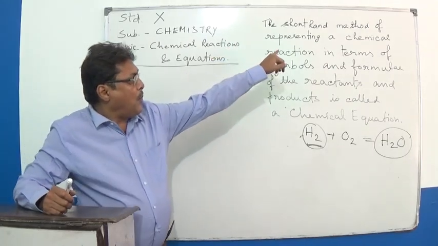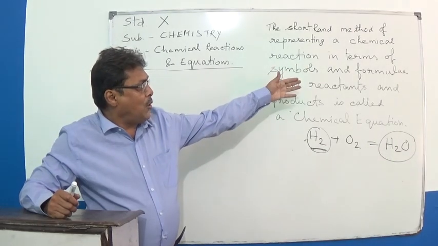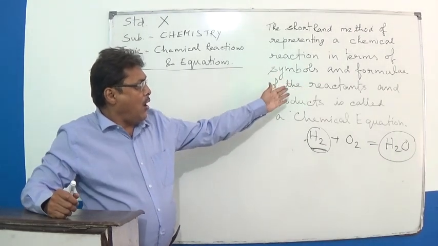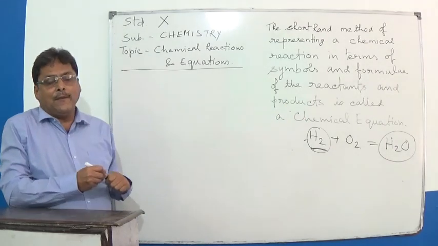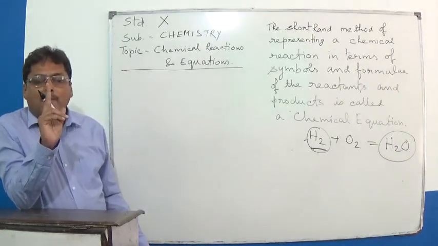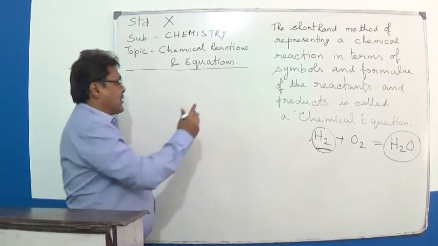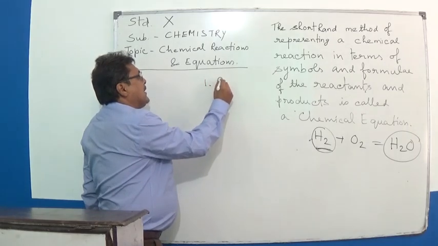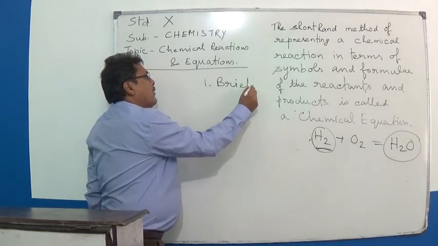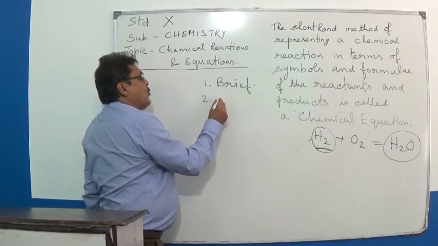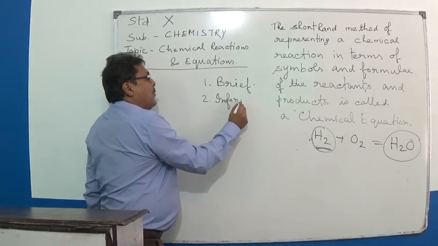Shorthand method of representing a chemical reaction in terms of symbols and formulae of the reactants and the products is called a chemical equation. You see, we have two basic properties of each chemical equation. One is, it must be very brief. And number two, it at the same time must be informative.